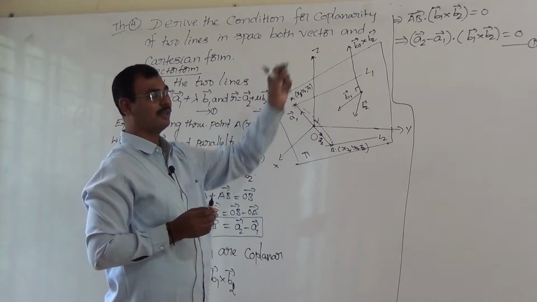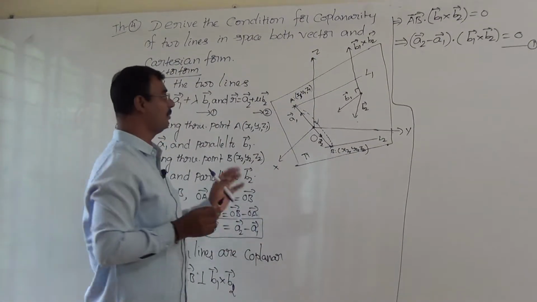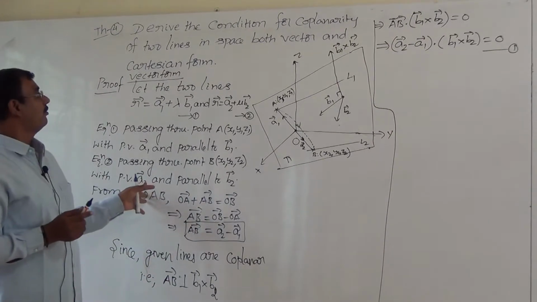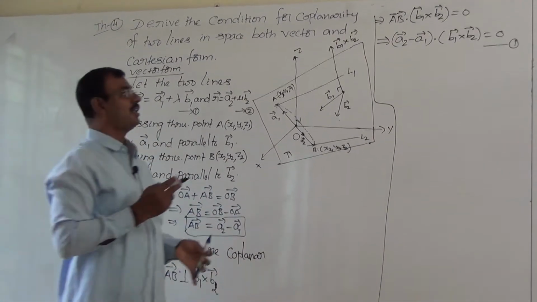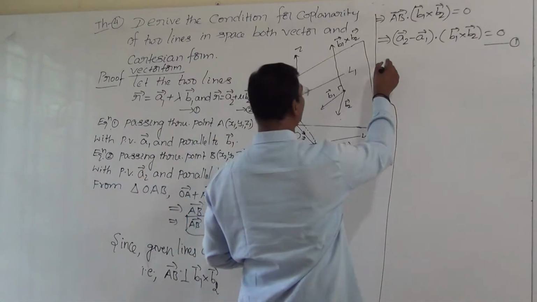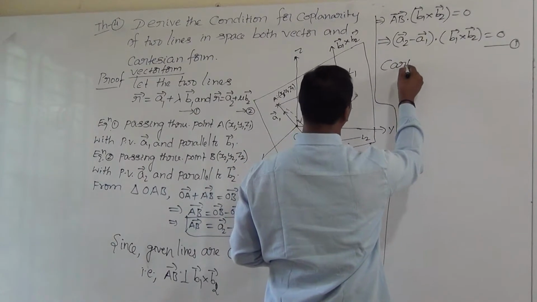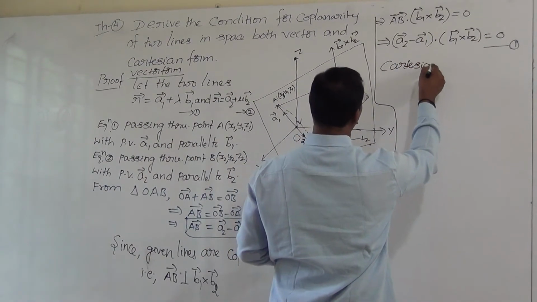Same technique we have to use everywhere. From this we have to derive the Cartesian form also. So how to derive the Cartesian form? Very simple.